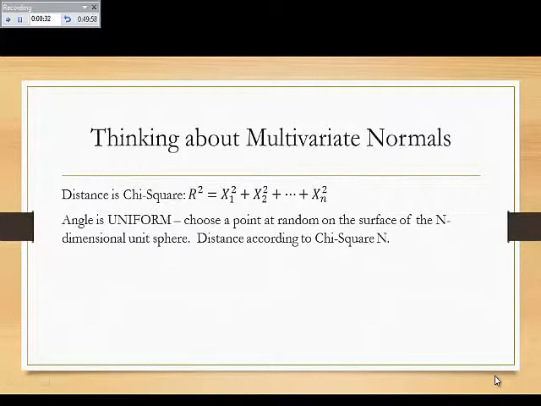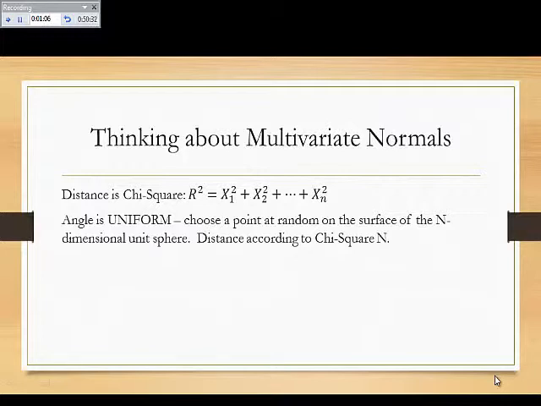So basically the square of the distance from the origin is chi-squared with 2 degrees of freedom, and this property generalizes to n dimensions. When you have n random variables and you take the sum of the squares, you have chi-squared with n degrees of freedom. So I know how far my normal is from the origin. This is the key, and how you derive that, that's part of the formula, but it doesn't really matter. All you need to know is that the square of the distance is chi-squared n in n dimensions.